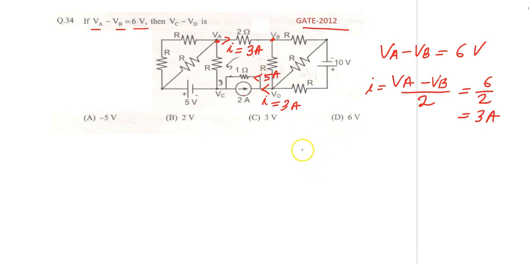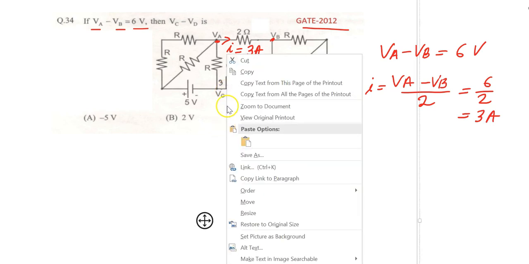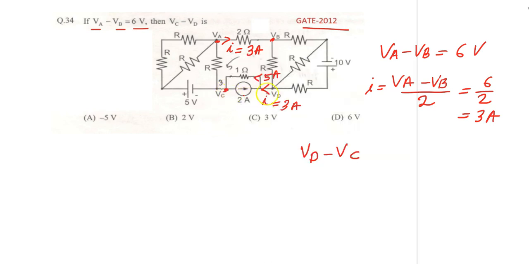So VD minus VC, this is your VC, node voltage of this node, and this is your VD, is equal to this potential difference, this current, because this is positive, this is negative. So 5 into 1 equal to 5 volt.